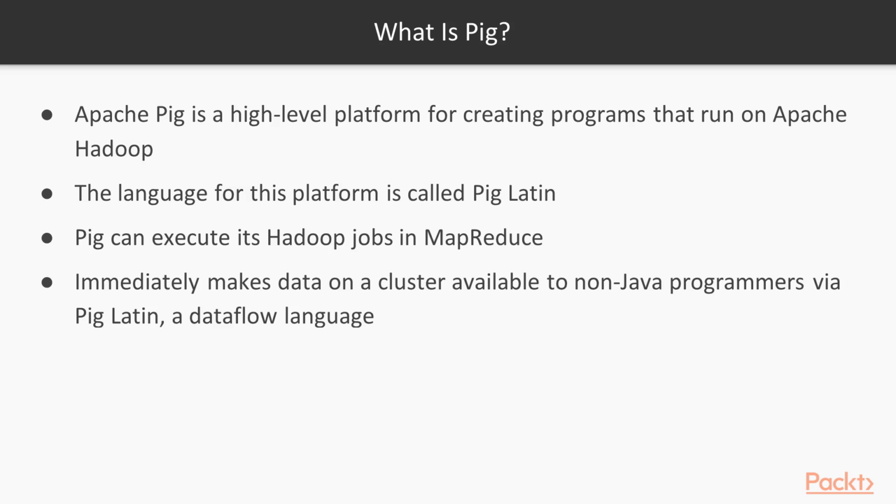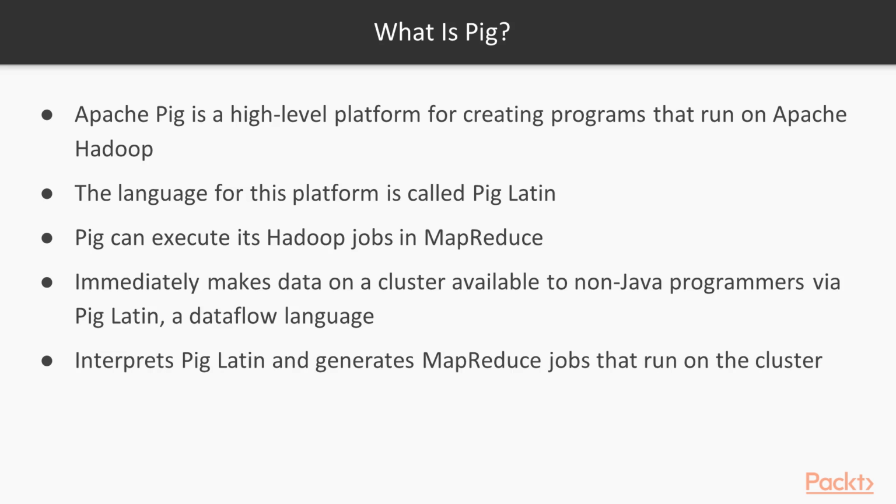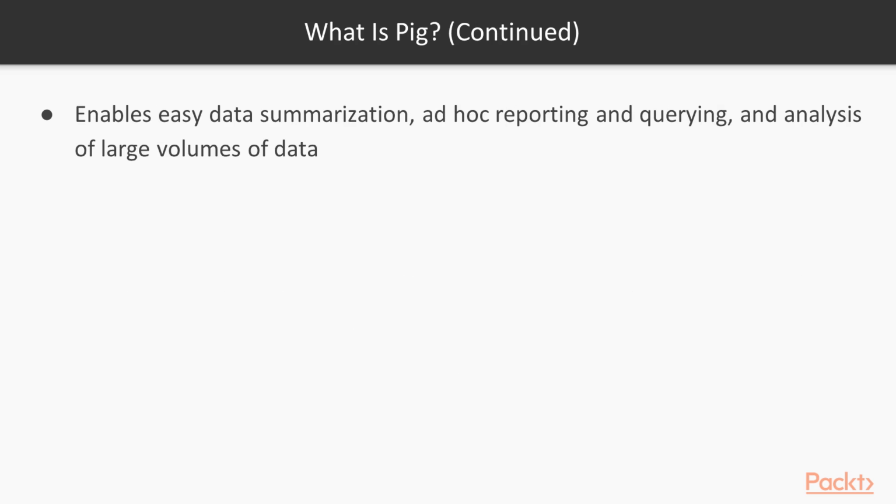Now, what Pig is doing is interpreting the Pig Latin language and generating MapReduce jobs that will run on the Hadoop cluster. It enables easy data summarization, ad hoc reporting, and querying and analysis of large volumes of data. So, whatever SQL was able to do, Pig is also able to do the same thing.